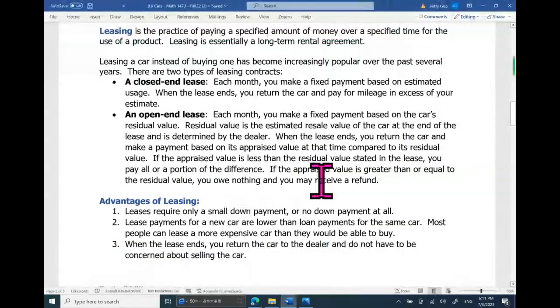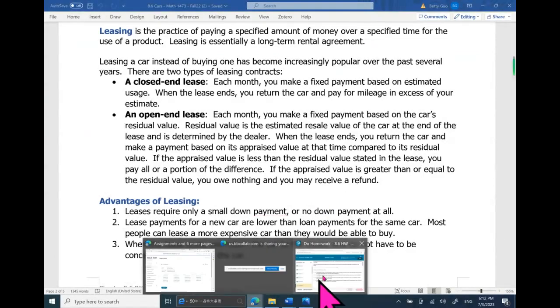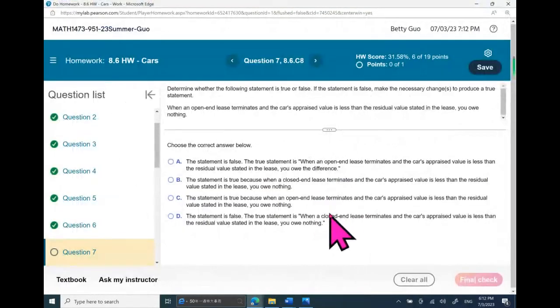Open end. So if the appraised value is greater than the residual value, when it's beneficial to the dealer, then you pay nothing, right? So it's false.